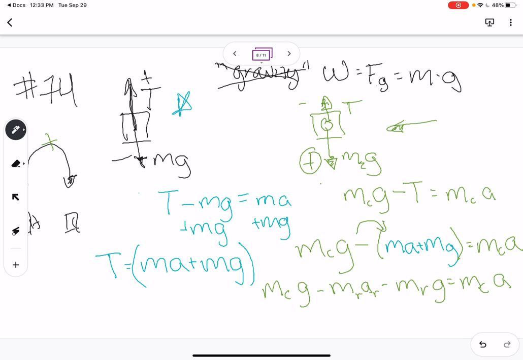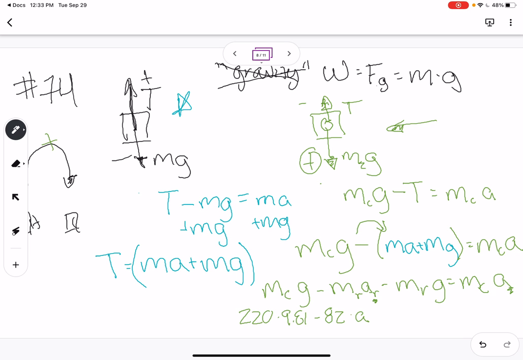All right, so we have an equation that says mass of the chandelier, which was 220 kilograms, times 9.81, minus mass of Robin Hood, which was 82 kilograms, times acceleration. The other thing is, this acceleration of Robin Hood and this acceleration of the chandelier are the same.